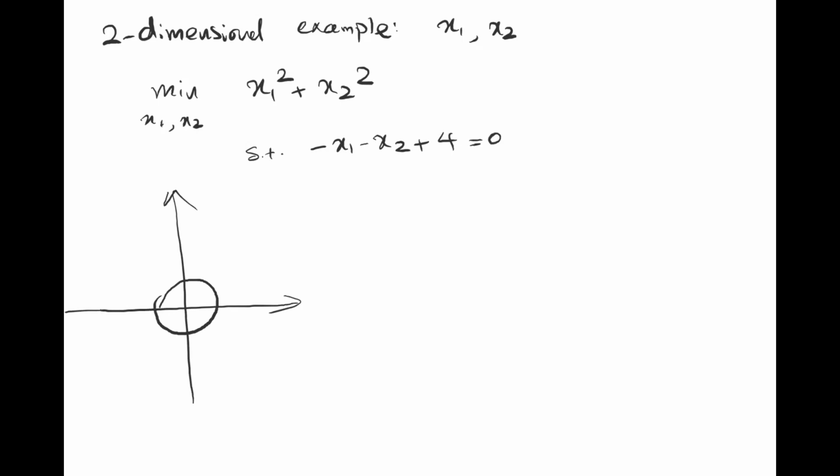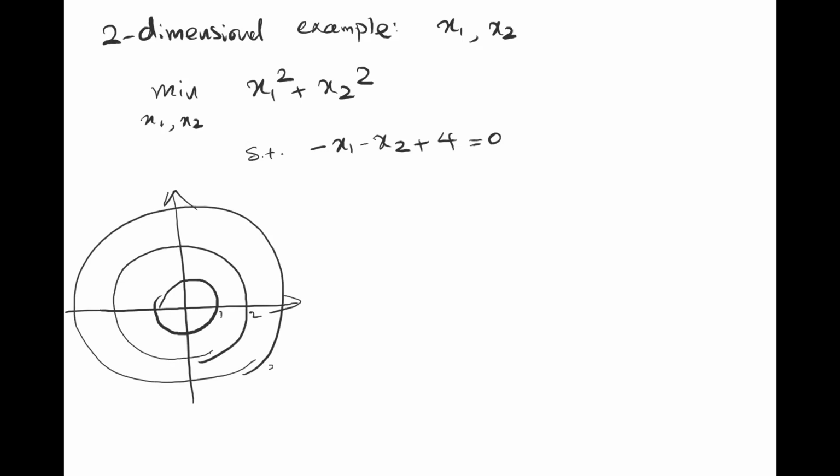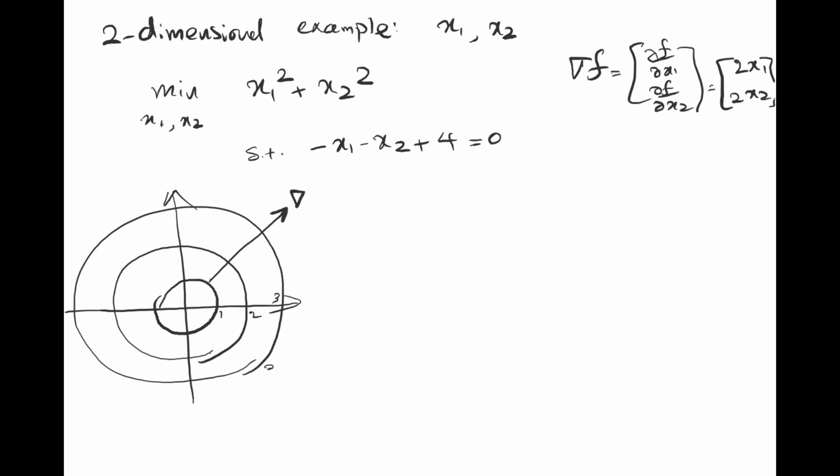So this could be 1, 2, 3, and so on. If we find the gradient of f of x, it is going to be with respect to x1 and with respect to x2, which is 2x1, 2x2. So the gradient of f of x is in this direction.